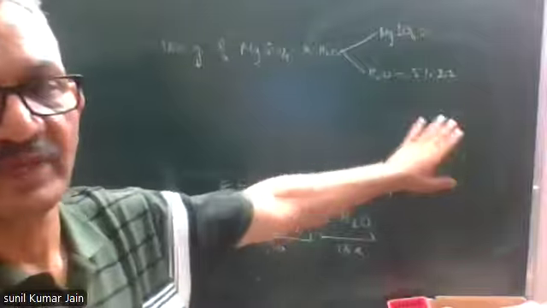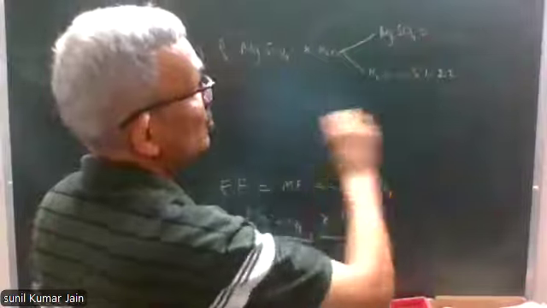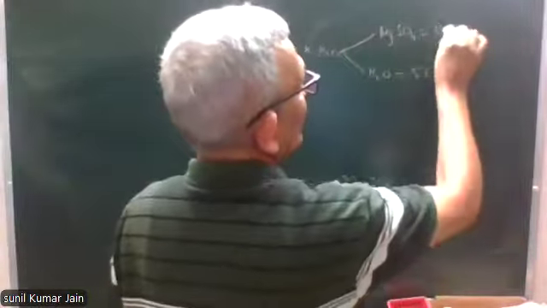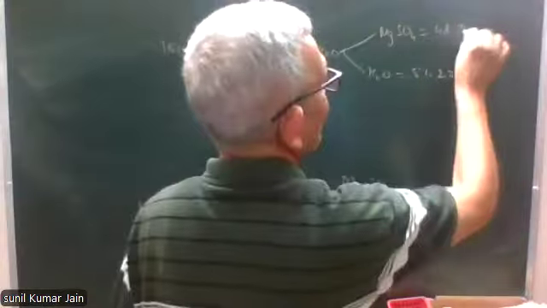So out of 100, 51.22 grams is water. The leftover is anhydrous salt. So 100 minus this will be 48.78.